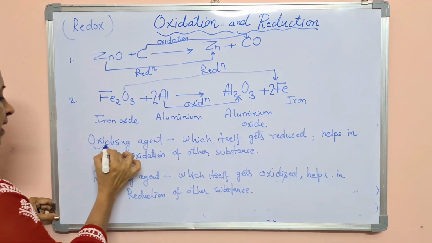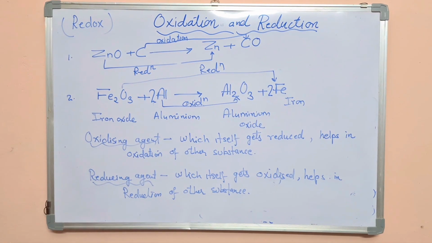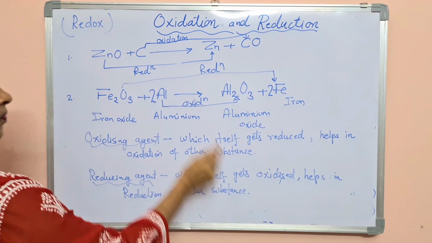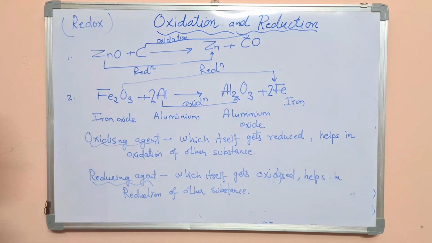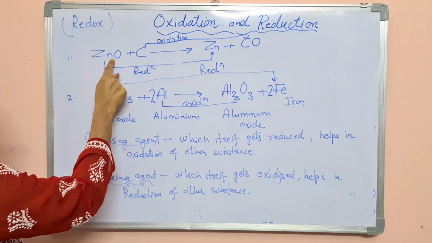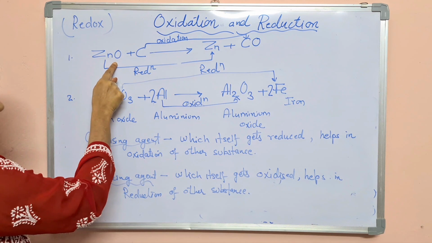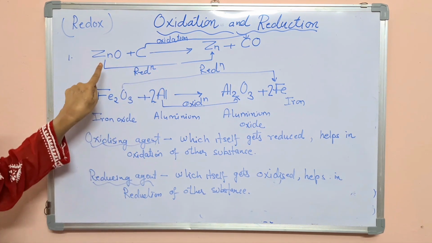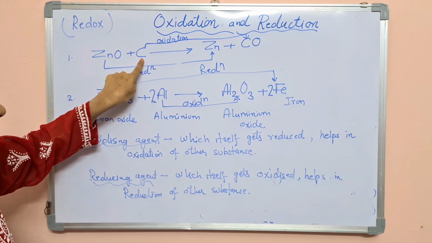So let's understand these two terms in these two reactions. Oxidizing agent, which itself gets reduced. So in this reaction, just tell me, reduction of zinc oxide takes place. And this zinc oxide helps carbon to get oxidized. How? See, zinc oxide is the carrier of oxygen and this carbon wants to get oxidized.